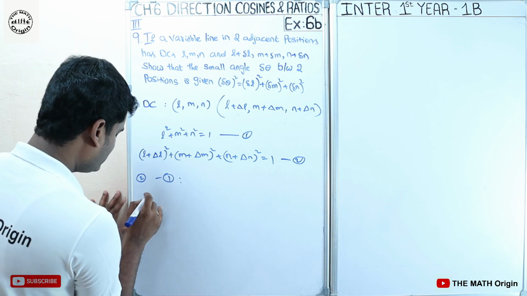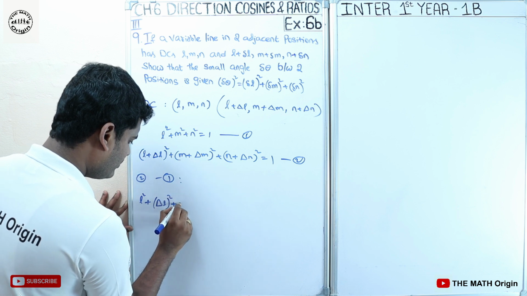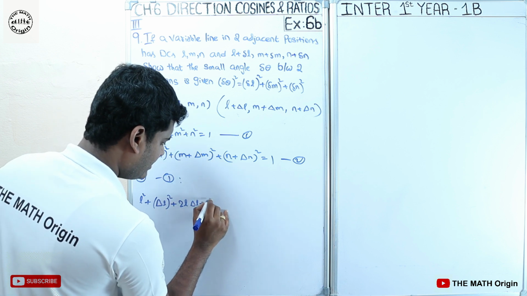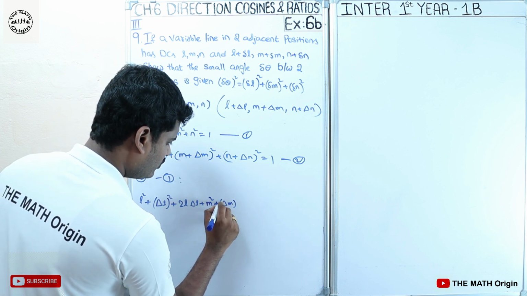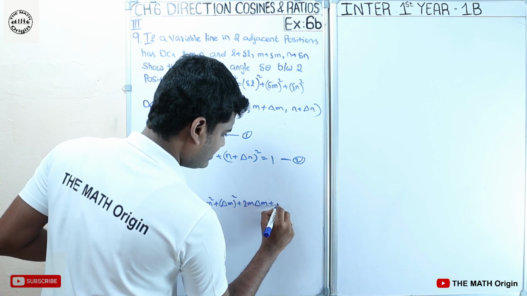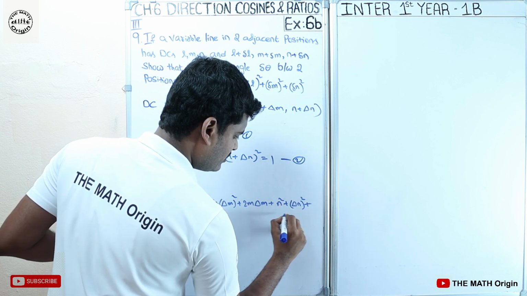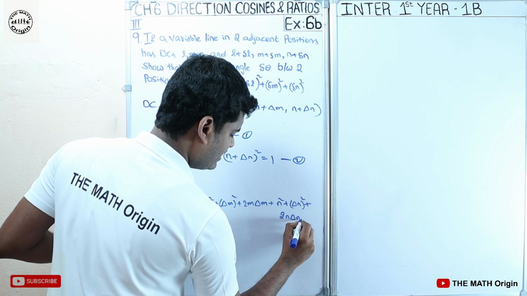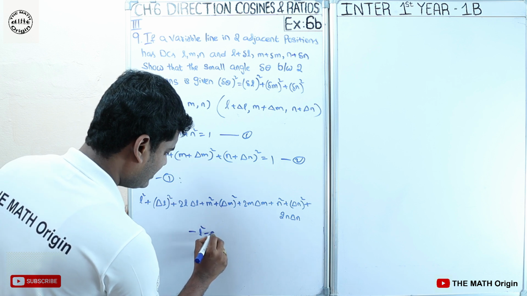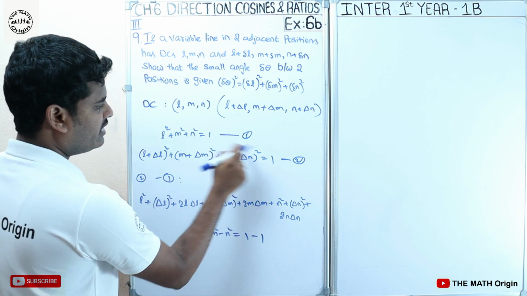2 minus 1: L square plus delta L whole square plus 2L delta L plus M square plus delta M whole square plus 2M delta M plus N square plus delta N whole square plus 2N delta N, minus L square minus M square minus N square, is equal to the RHS side, also 1 minus 1.